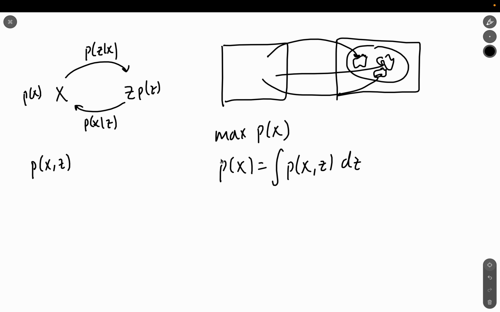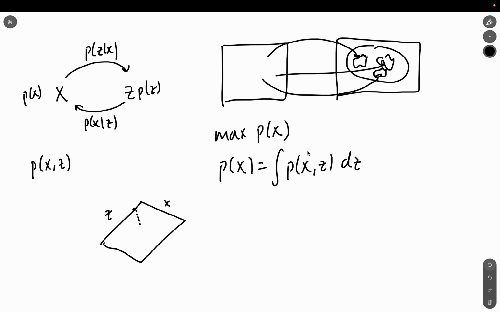You can think about it as a 3D graph. Here would be your X variable, and here would be your Z variable. The probability of, let's say, X being 2 and Z being 3 would be this point here, at a certain height on the graph.